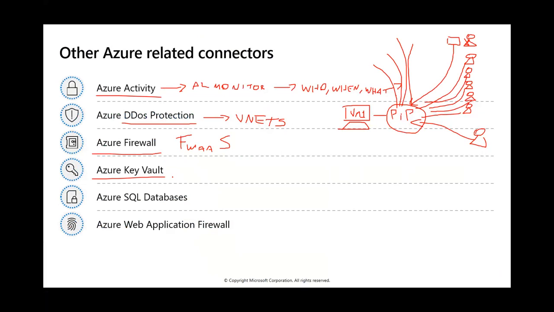Azure Key Vault is another related connector. A Key Vault is like a cloud storage repository to securely store 3 types of items. Secrets is one of them.